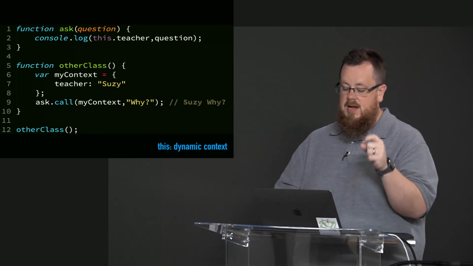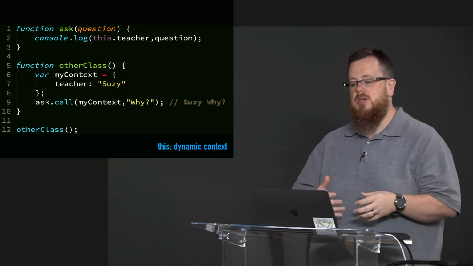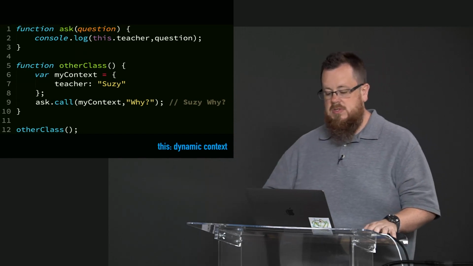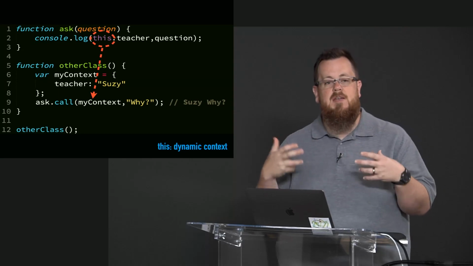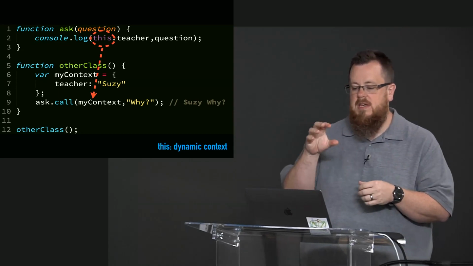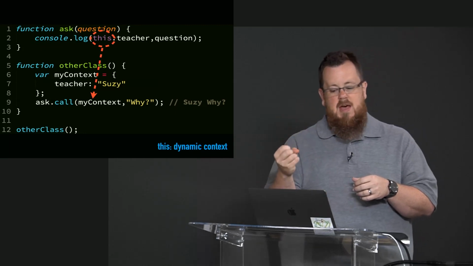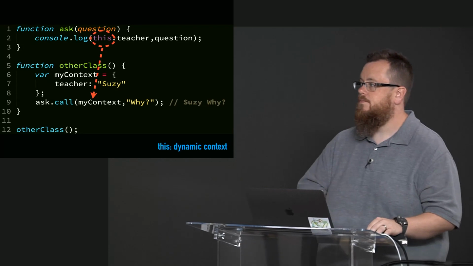and on line 9, I say ask.call. That's another way of invoking a function that tells it, invoke that function ask and use, as you see on line 9, the myContext object as the this keyword. So when it says this.teacher, it's going to find myContext as that value, and then it's going to pull out teacher with the value Susie.